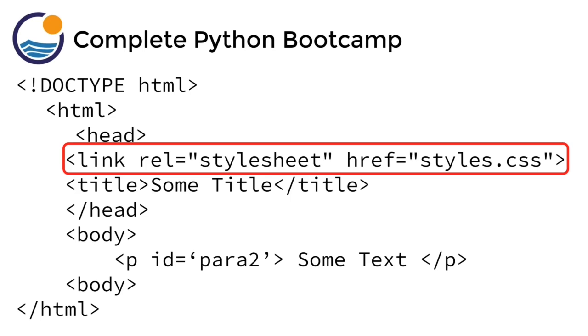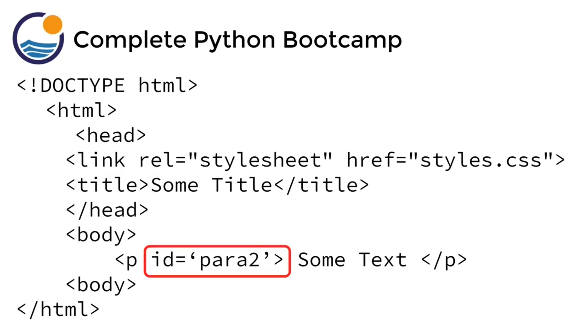And now, the way CSS works is once you link to the CSS file, you have things like IDs and classes. There's actually more levels to this in CSS, but for our purposes, we really just need to know about IDs and classes when it comes to CSS. So notice here, inside this paragraph tag that had some text in between the opening tag and closing tag, in the opening tag, I now have this link to id equal to para2.